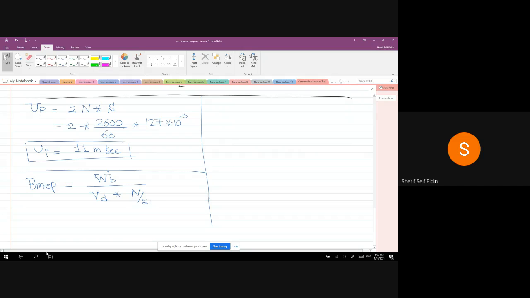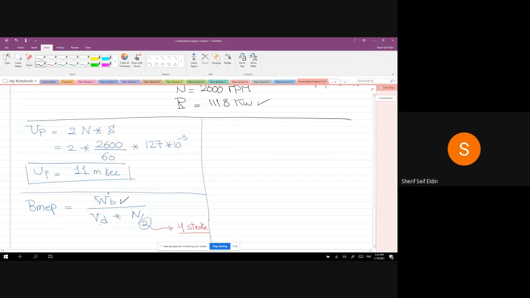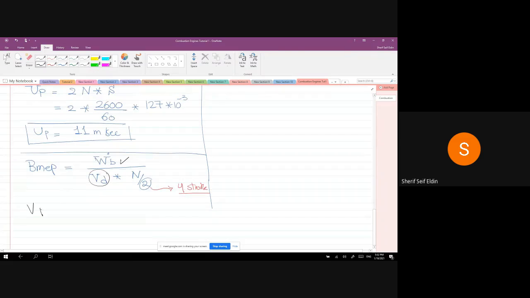So I put over 2 because it's 4-stroke. The brake power is given to you. What we need to calculate here is the displacement volume, which is very easy.